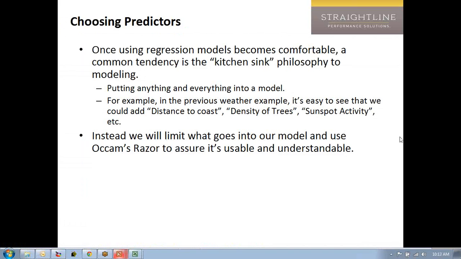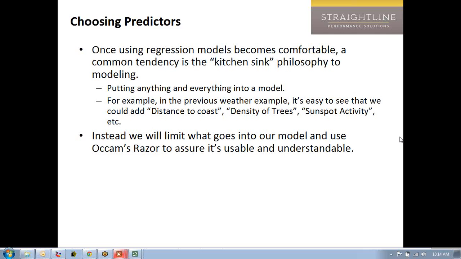Okay, so here I want to continue that talk about what happens when we have many variables and we want to build a reasonable model that's based on a limited number of things.